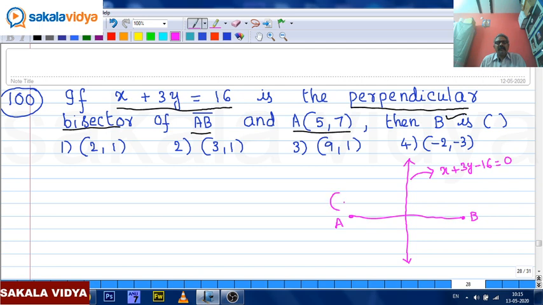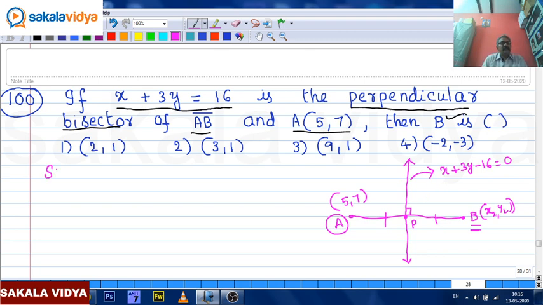Here A coordinates are given 5 comma 7. Now B coordinates we need to find, say x2 comma y2. This will be the midpoint, PA equals PB. So if you observe, B is the image of A with respect to this line.